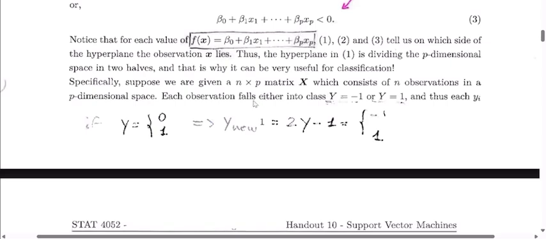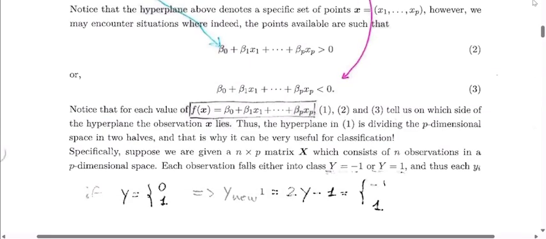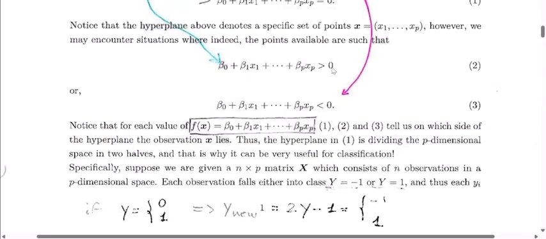So we're going to believe the observation is going to fall into a class y equal to negative one or y equal to one. So where is the one and negative one coming from? When it's greater than zero, the smallest number that is greater, I can consider one. When less than zero, I can consider negative one. So that's what I mean.